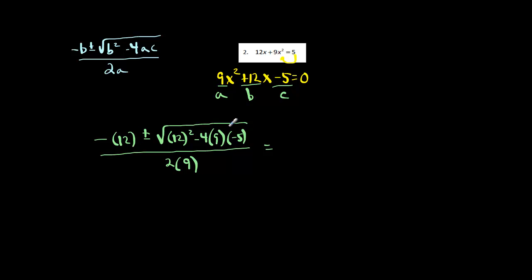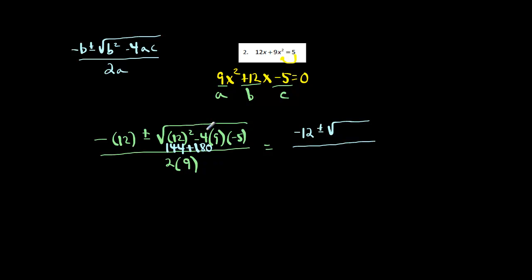We have the opposite of 12 is -12 plus or minus the square root. 12 squared is 144, minus 4 times 9 is 36. 36 times 5 is 180. So what we have here is minus -180. So it's going to be plus 180.